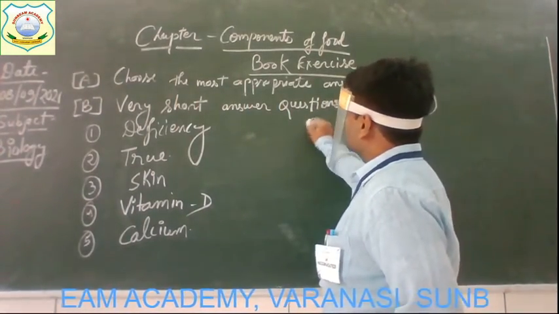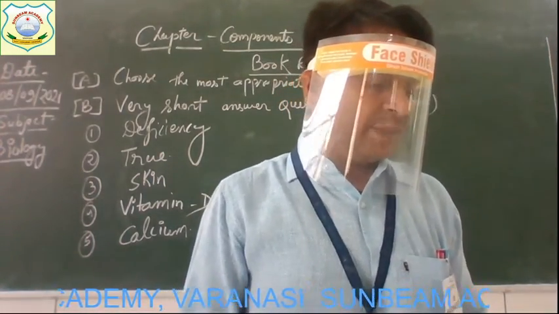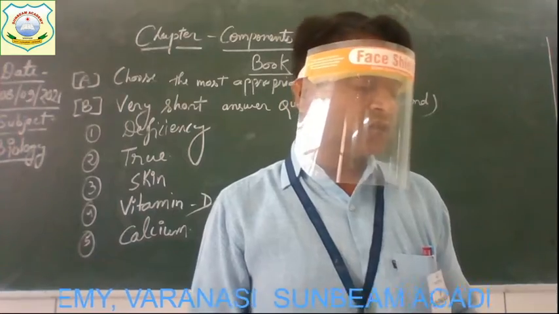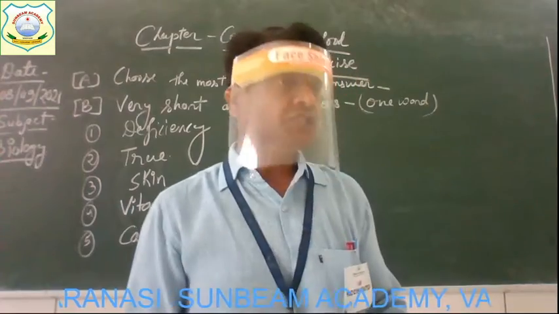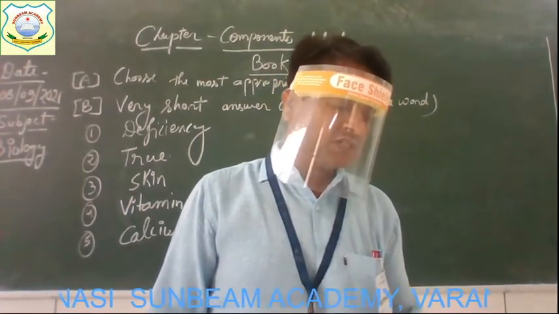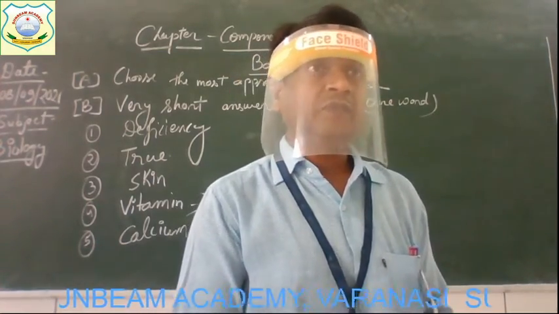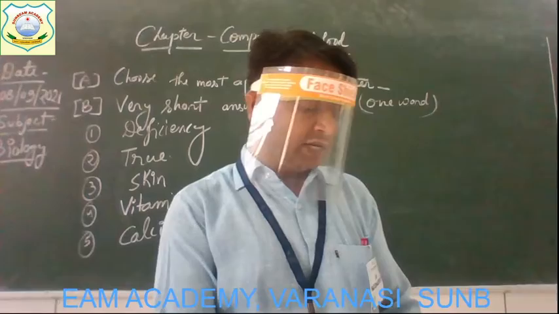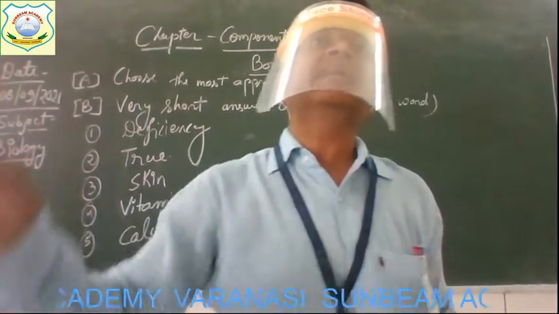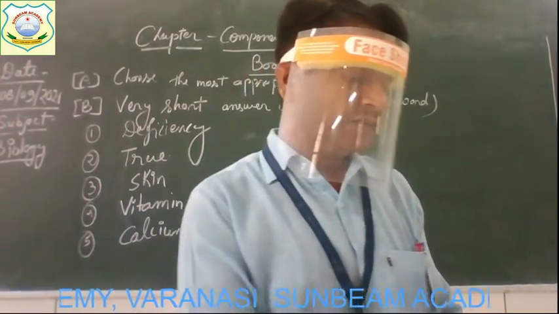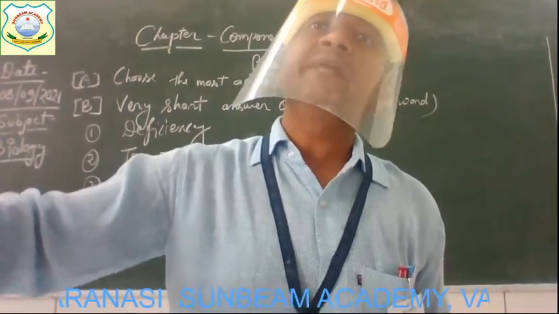Come to the next question, number 6, and the question is, which substance plays an important role as a solvent in the transport of materials, digestion of food and excretion of waste product? Children, understand the question first. Here it's given which nutrient or which substance plays an important role in different activities in our body. The first activity is that it acts as a solvent, meaning a lot of substances can be dissolved in it.